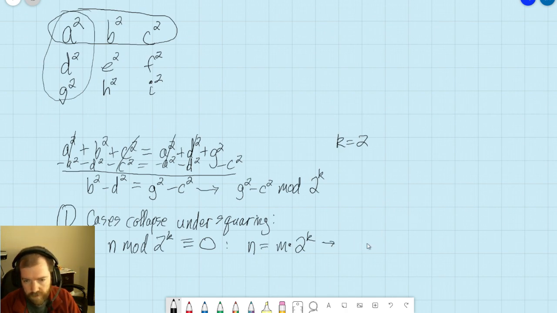So then, when we do n squared, we end up with m squared times 2 to the 2k. And so this will be equivalent to 0 mod 2 to the k.